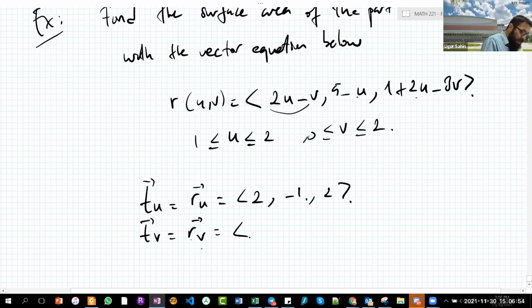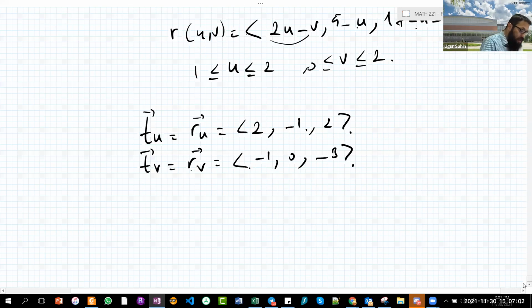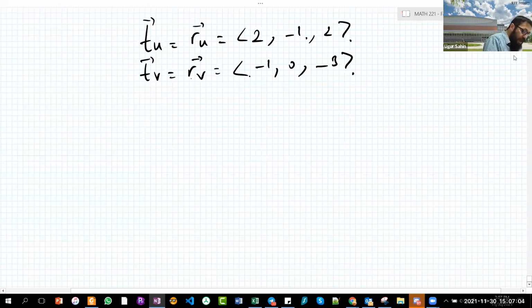And the derivative of r with respect to v is -1, 0, and also -3. Okay. The second step, I need to find the cross product and then the length of it.